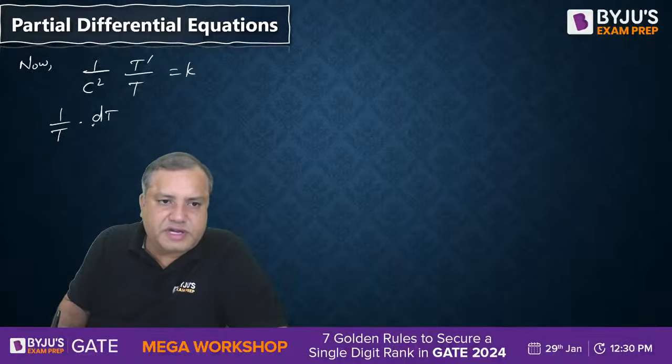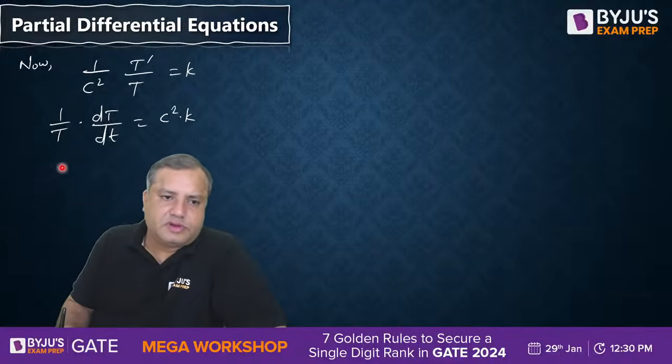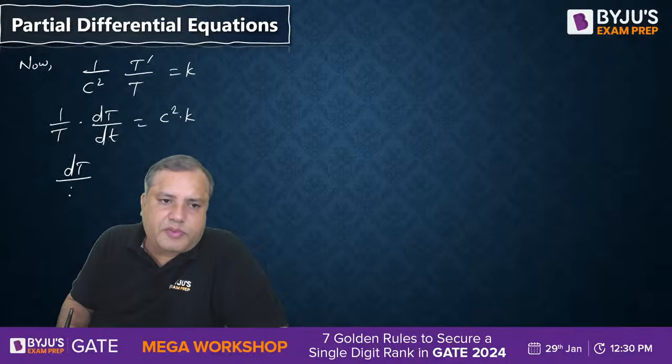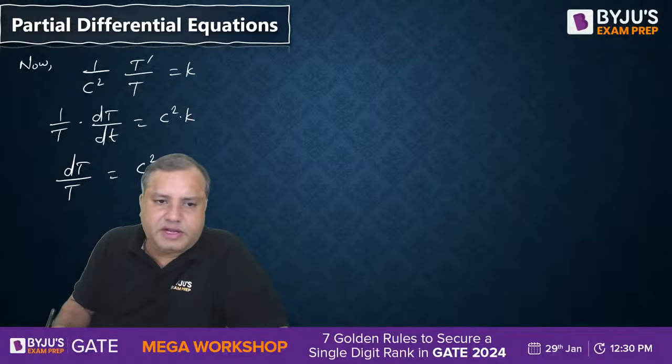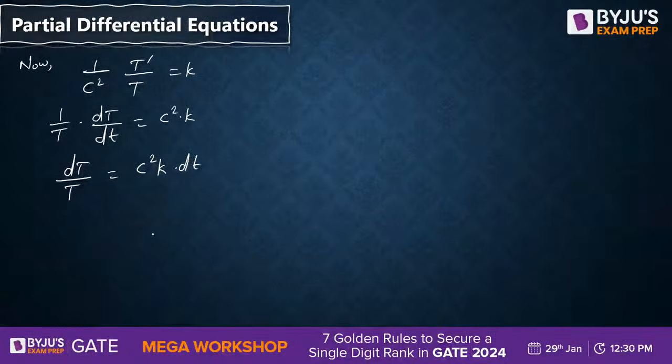T dash means dt upon small dt, equal to c square k. So dT upon capital T equal to c square k dt. Integrate both sides. So log T.